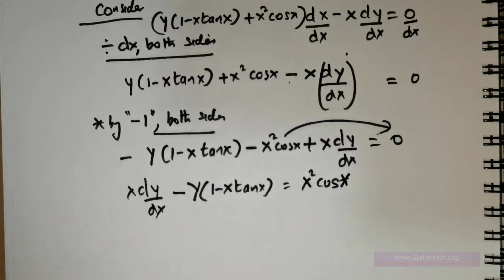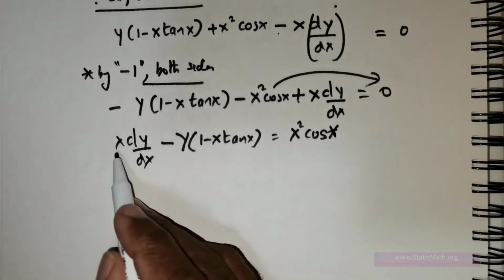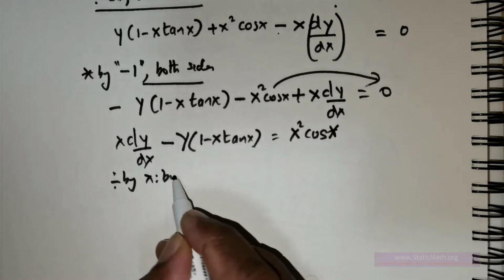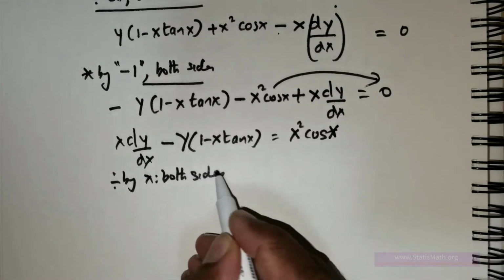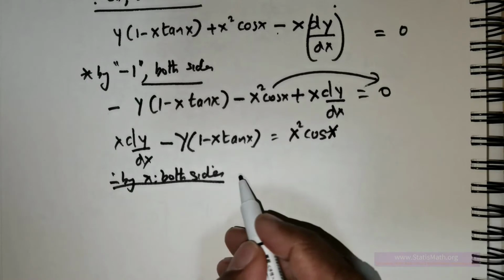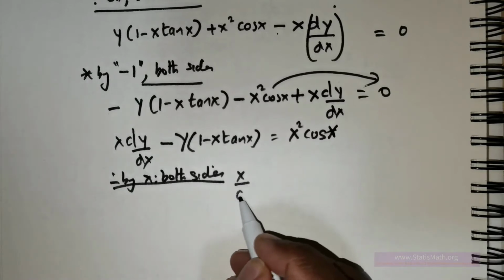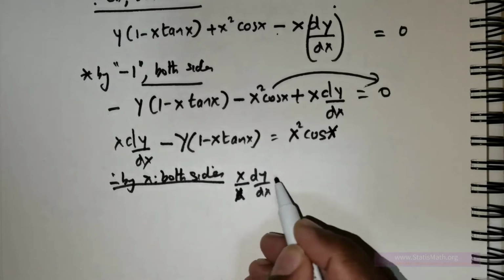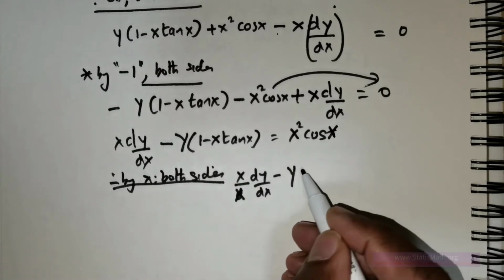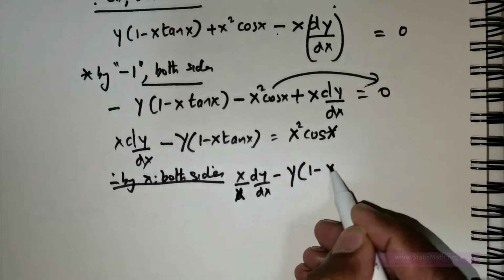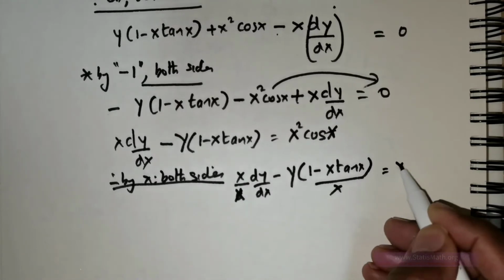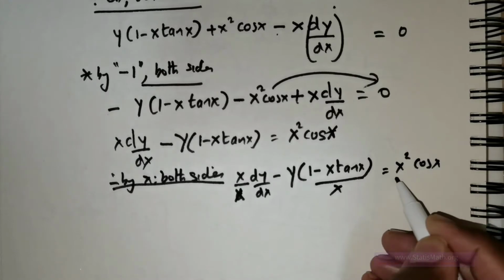Okay, now I don't want to have an x here, so divide by x both sides. When you divide by x both sides, this is going to be x divided by x times dy over dx, negative y of (1 − x tan x) divided by x is equal to x squared cos x divided by x.